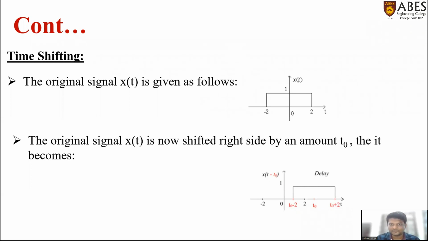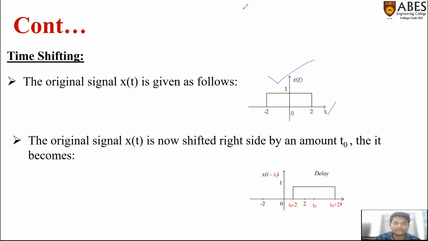Now if you want to shift this signal towards the right or left of the time axis, then you can. In the second graph, you can see the signal is shifted by an amount of t naught towards the right. So in this way, you can use the time shifting property to move your signal either towards the right, left, or origin.